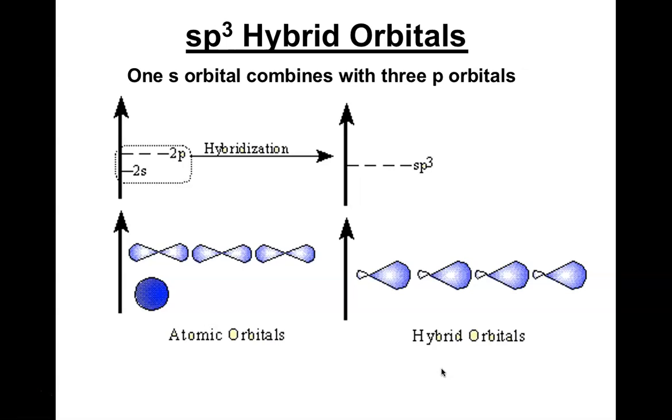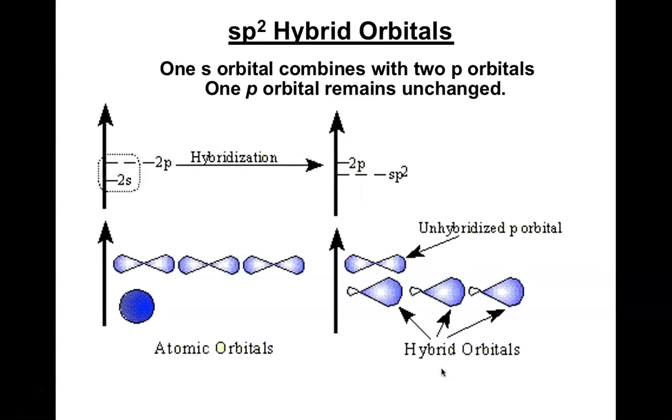So x plus e equals 4. Here on the screen, s plus 3 p's equals 4. The steric number is the hybridization. If the steric number is 4, the hybridization has to be sp3.